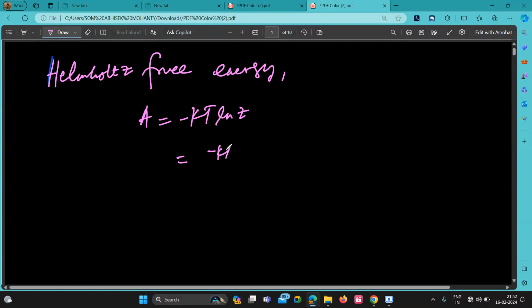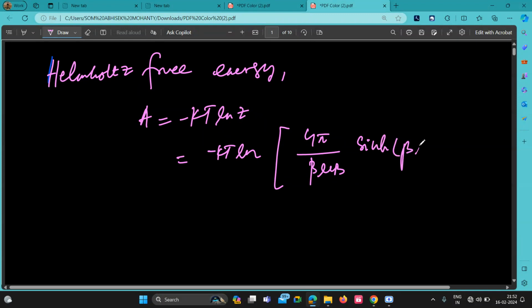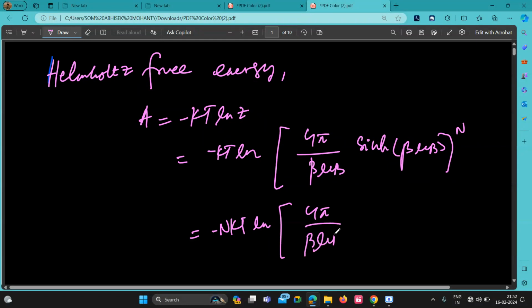So minus KT ln of 4 pi by beta mu b sinh beta mu b to the power n, minus NKT ln 4 pi by beta mu b sinh beta mu b.